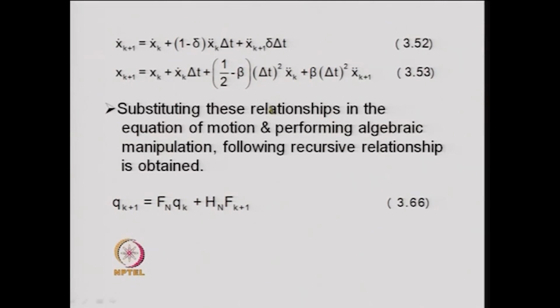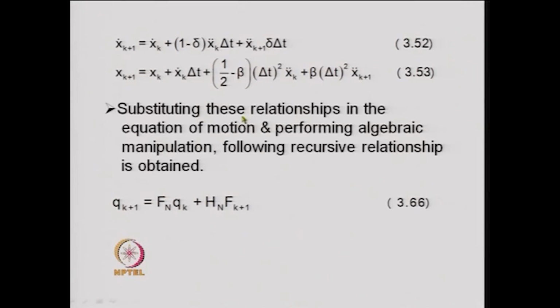Similarly, if we consider beta to be equal to 1/4, then this turns out to be half of the average acceleration into delta t square. Okay.